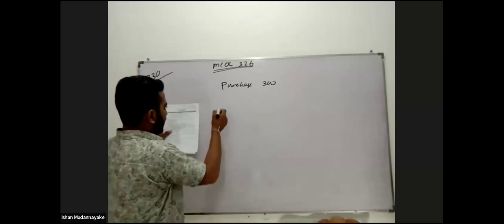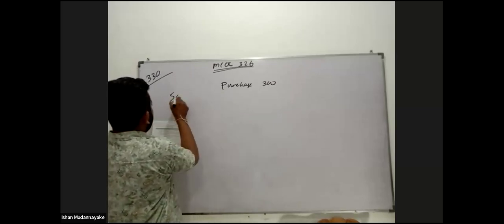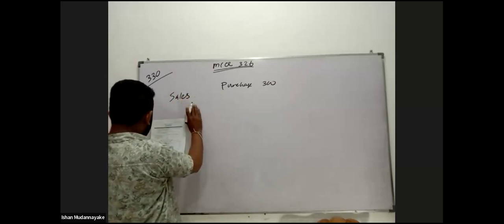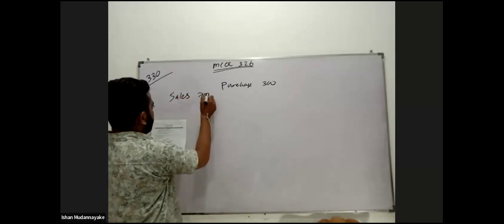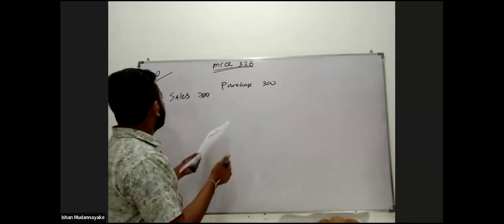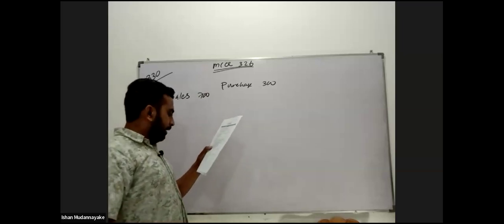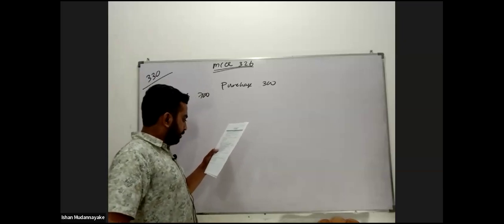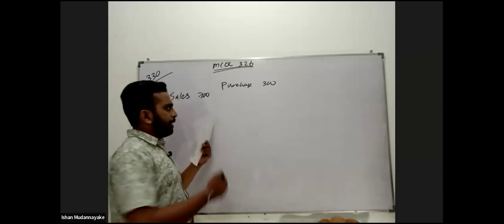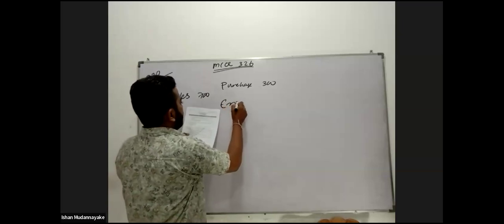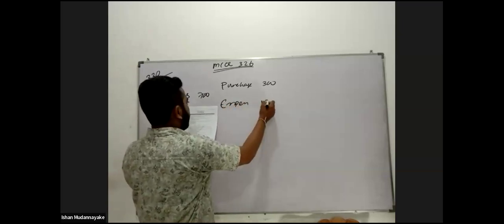Then sales. Sales without VAT 700, 756 minus 56. Expenses paid for the period. Now my expenses. Expenses paid by the business 120.